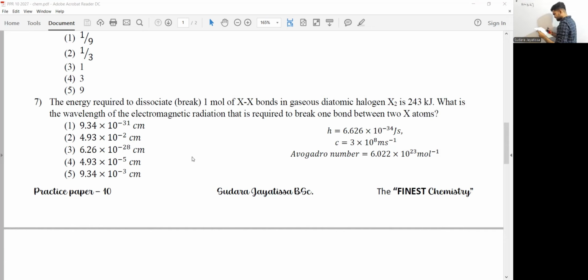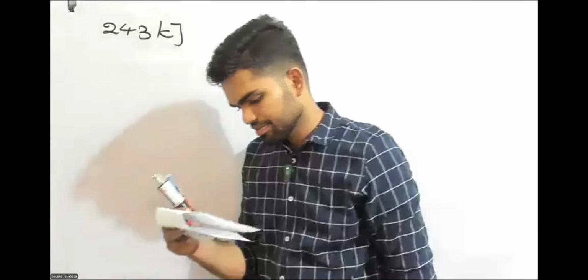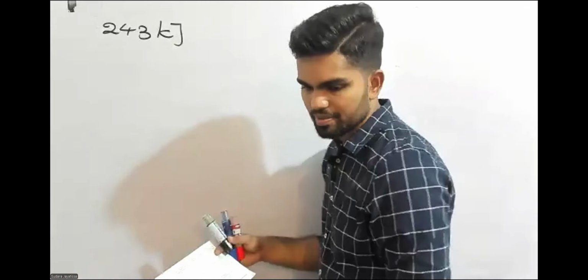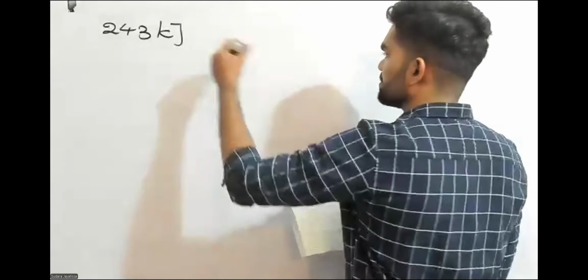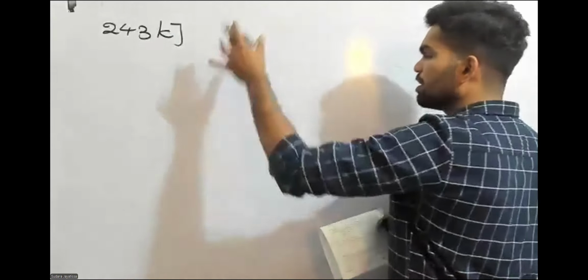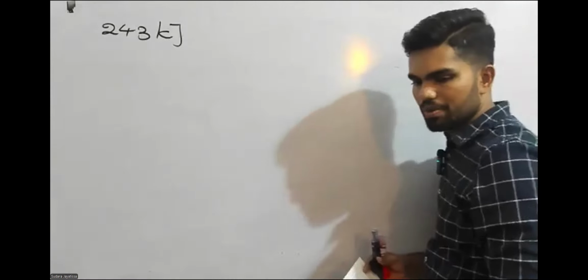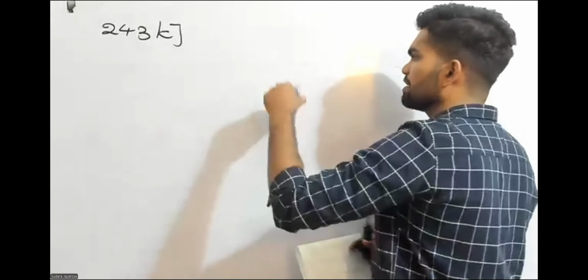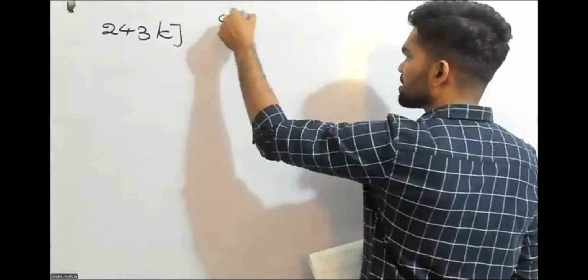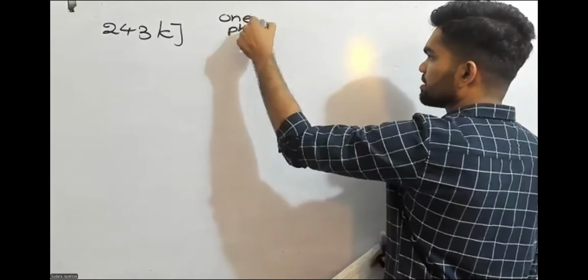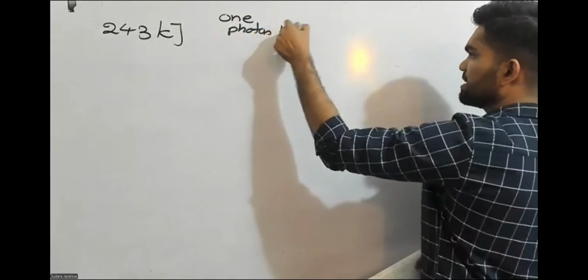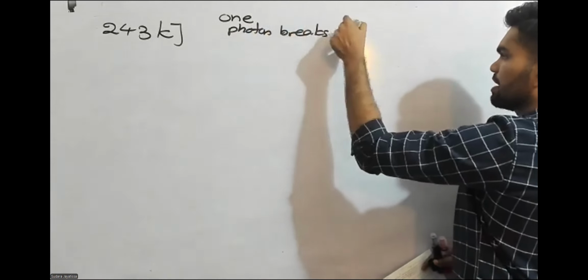Okay, it is asking the wavelength of photon that is required to break one bond. Okay, so this one is for 1 mole of bonds, right? So basically one photon breaks one bond.